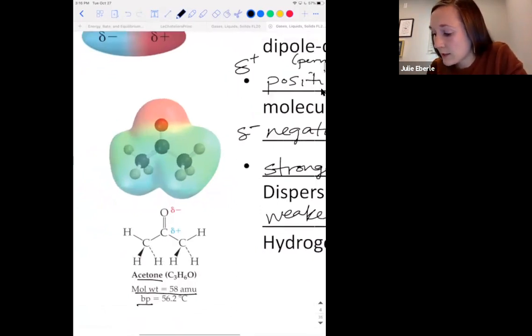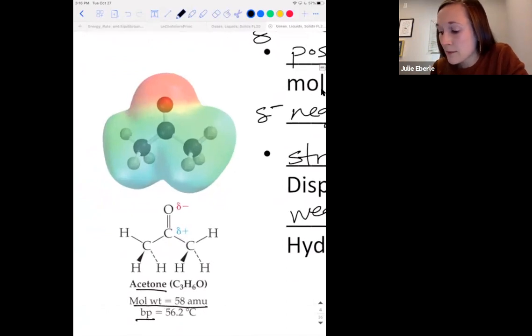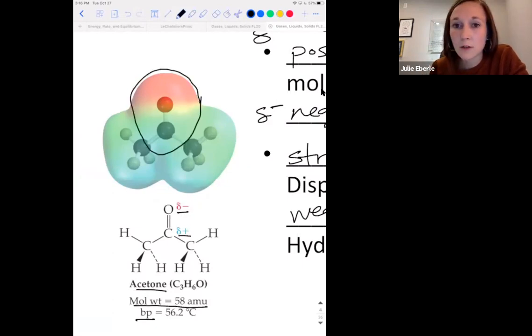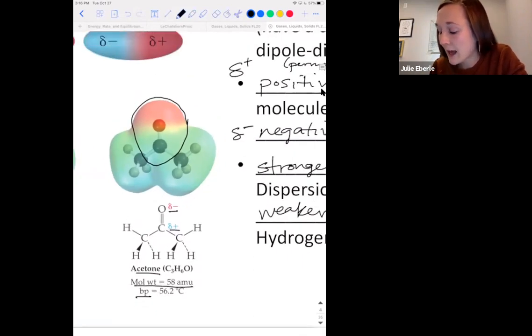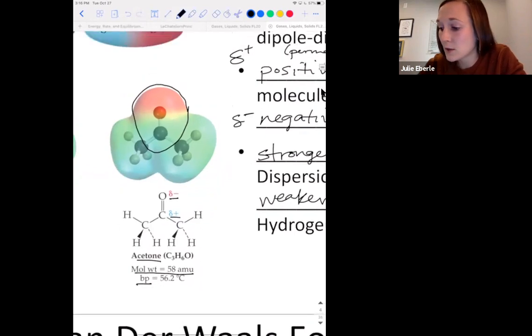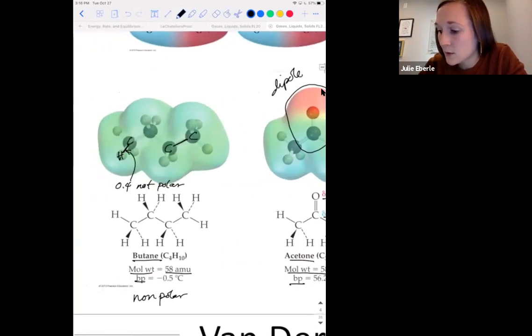What do you notice? We have drawn in on the oxygen-carbon bond a partial negative and a partial positive. So that is a polar bond. The oxygen-carbon bond is a polar bond, and you see that here with the coloration difference on the molecule. Because this is polar, this kind of molecule can have dipole interactions. So this one can have dipole. This one cannot.